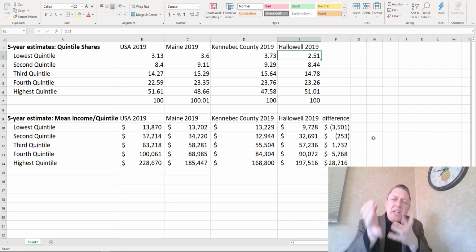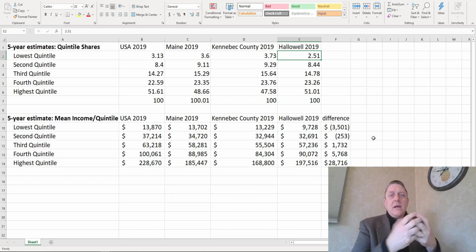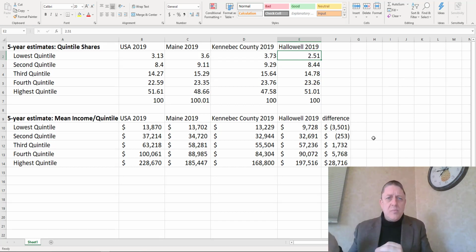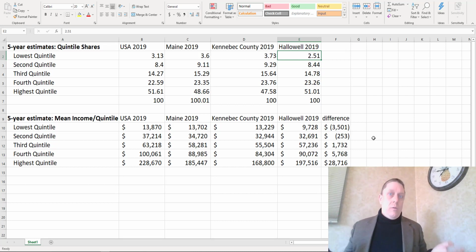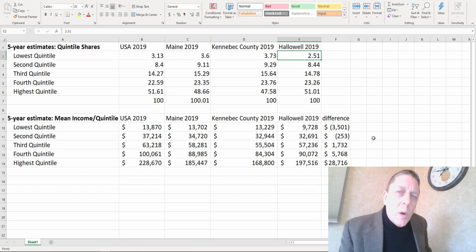So now we can say really subtle things about Hallowell, that compared to Maine and compared to Kennebec County, it has richer rich people, but it also has poorer poor people. So the next time you hear someone say, oh, Hallowell, fancy schmancy, you should follow up by saying, what Hallowell are you talking about?